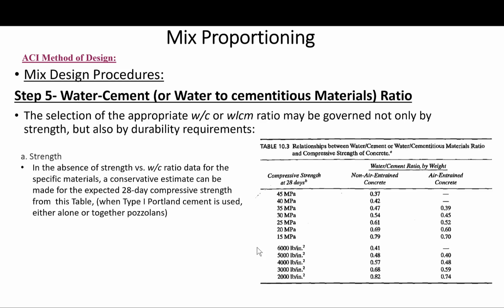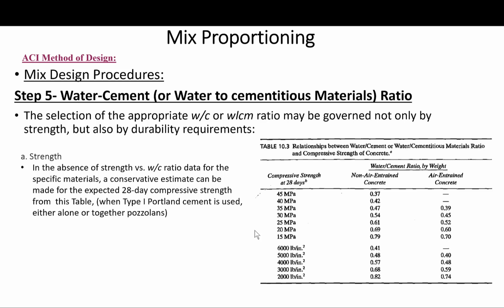So when type 1 Portland cement is used either alone or together with pozzolan, this table can be used. Of course, it is possible that the specifications may be based on a required strength at a time other than 28 days.